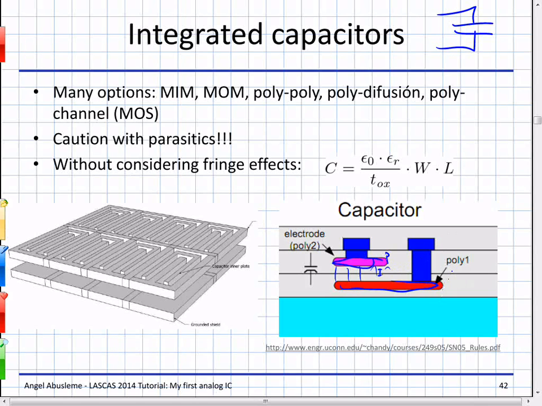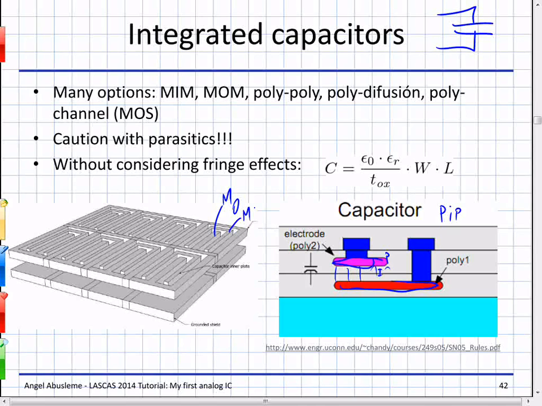This is a PIP capacitor, poly insulator, poly. We have MIM capacitors too, metal, insulator, metal. We have MOM capacitors, which are like this. So we have here metal, here we have the other metal, and in between we have oxide. So this is a MOM capacitor, which is a lateral field capacitor.